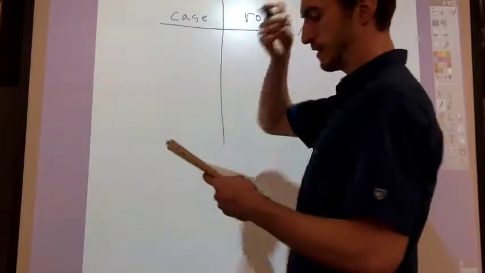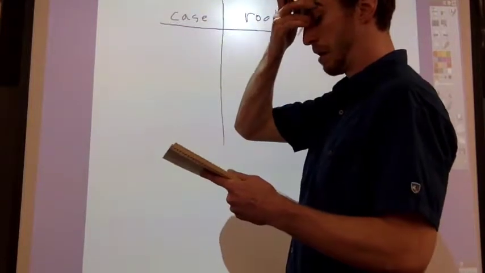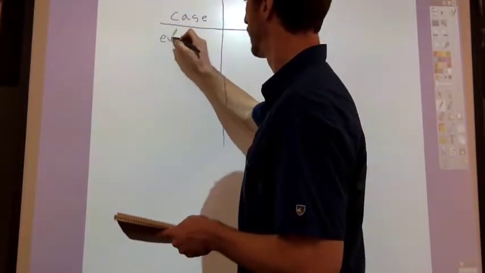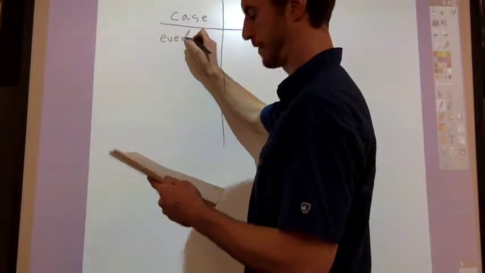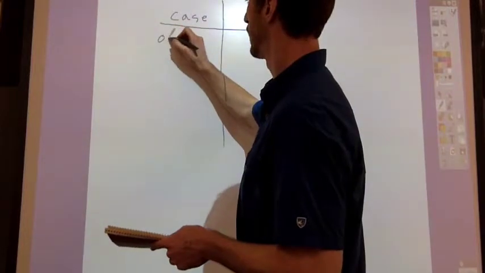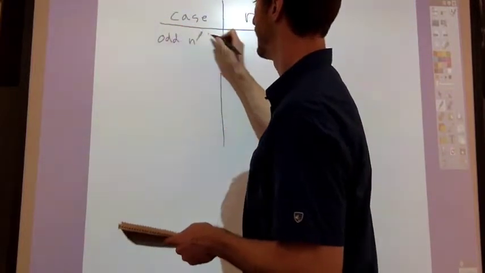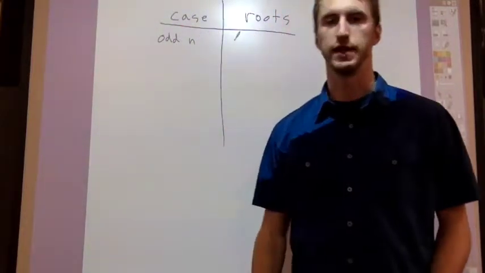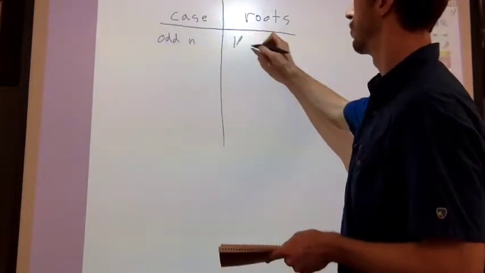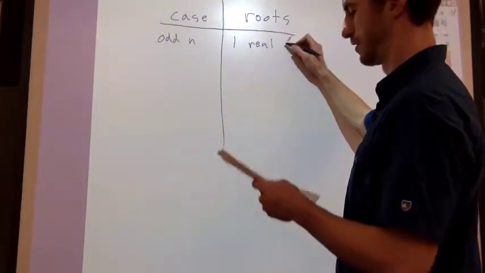So the first case, let's say you have an odd index number. So you're taking like the third root. In that case, you're only going to have one real root.